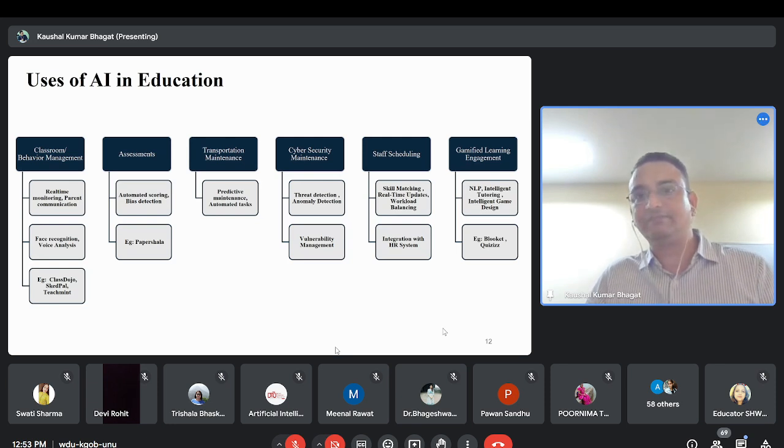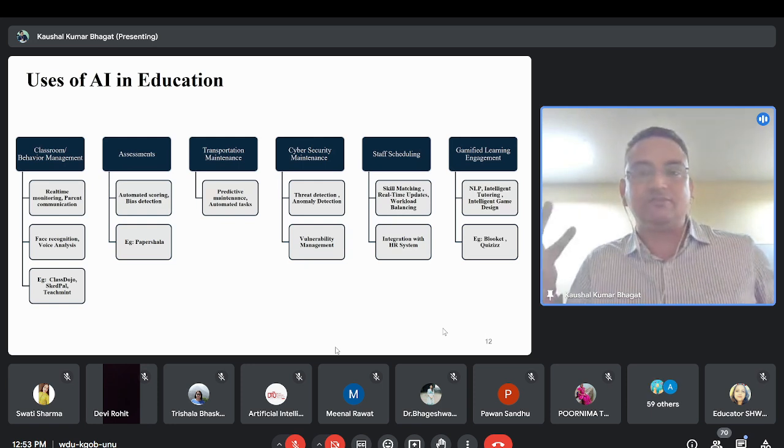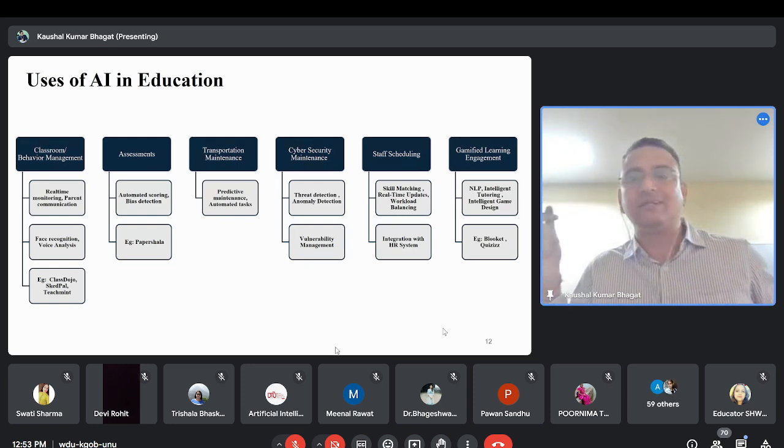From the face, there are a lot of emotions you can extract when the teacher is teaching, whether the students are understanding the concept or not, or whether the student is facing some kind of issues or conceptual problems. So that can be identified and reported, and the teacher can change the way of teaching, or maybe the pedagogy that he or she is following, maybe some changes could be implemented.